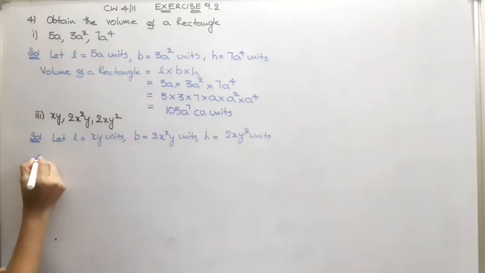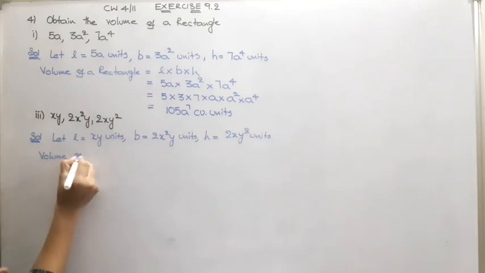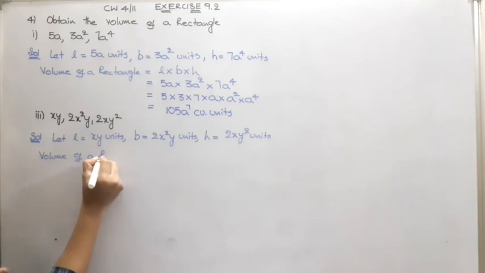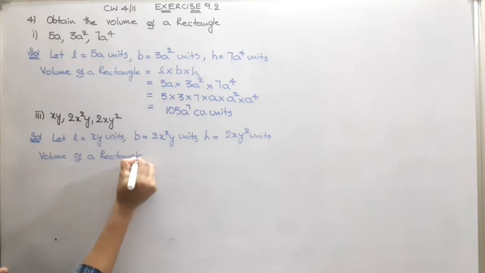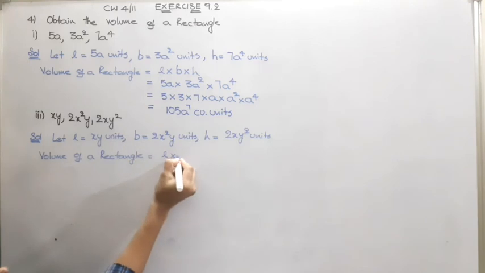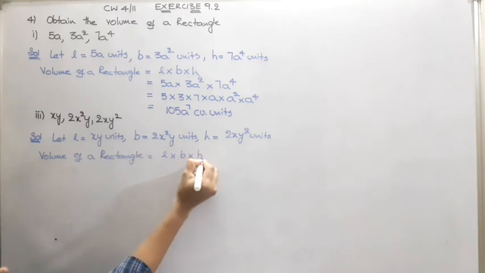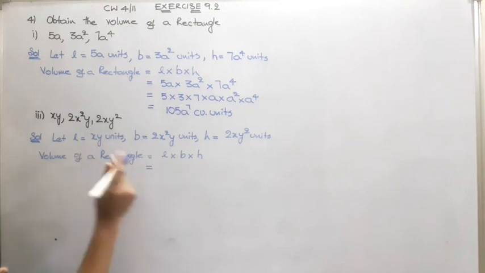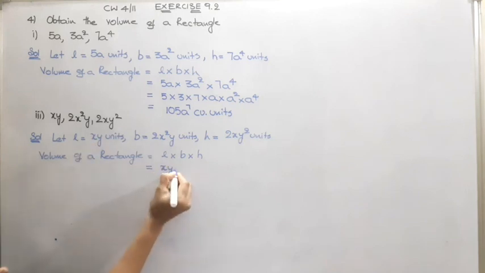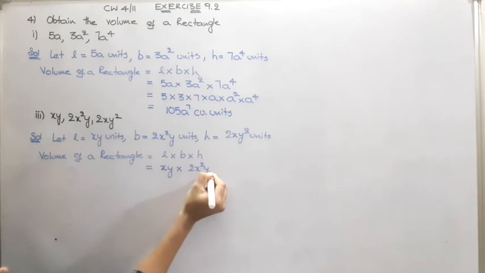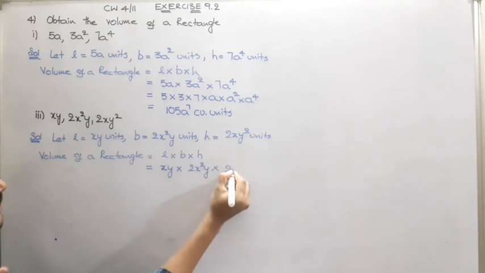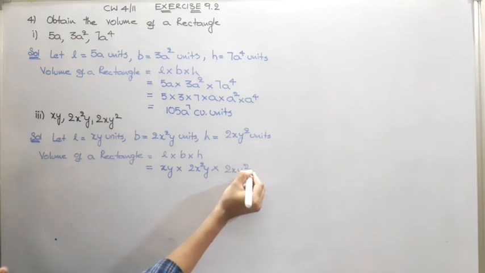Then volume of a rectangle is equal to L into B into H. The length is going to be simply xy, and breadth is 2x square y, and the height is 2xy square.